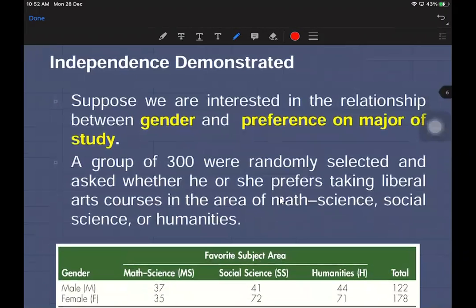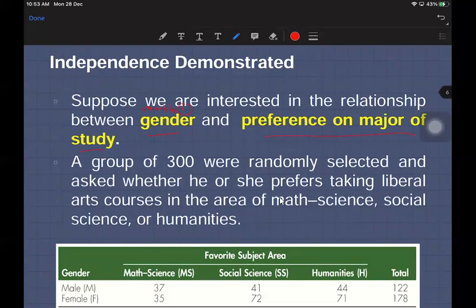So independence demonstrated. Suppose we are interested in the relationship between gender and preference of major of study. If you look here, this is variable 1. Variable 1 here is gender, between male or female.